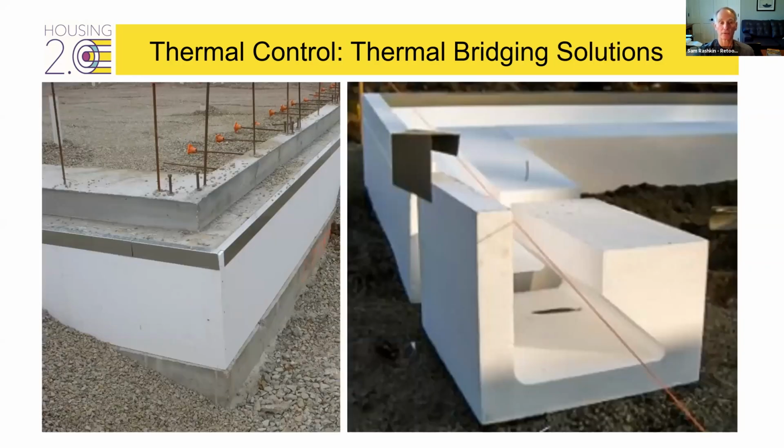So in climates that are less rigorous, you can do basic rigid insulation along the foundation. I love this technique. It's done a lot in Sweden, and it's great. Just get rid of the basement altogether and do this insulated foundation form, and that is an amazingly effective thermal break and effective amount of thermal insulation between the slab and the home.